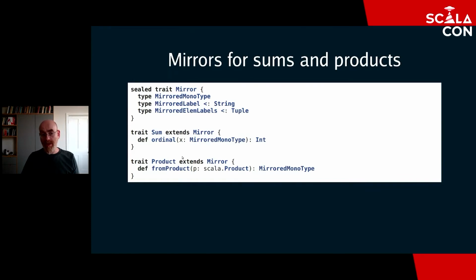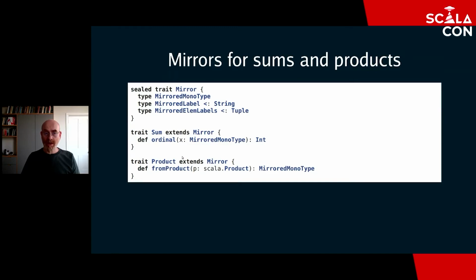This is simply something which will map us to an integer index into which of the product types we're looking at. And in the case of a product, we have a mechanism for turning a very loosely typed Scala product into an instance of that type.